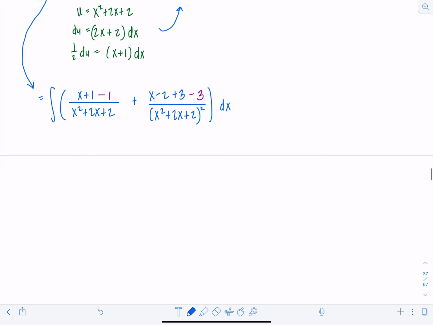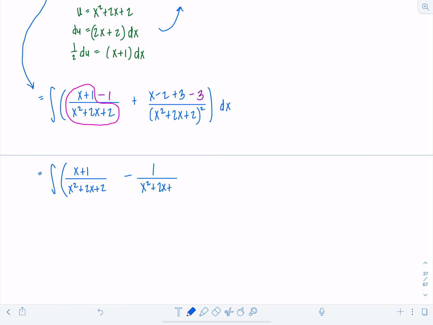All right, here we go. So we're going to group this first integral into x plus 1 over x squared plus 2x plus 2. That's the first one. Then I have minus 1 over x squared plus 2x plus 2. That's this guy right here.